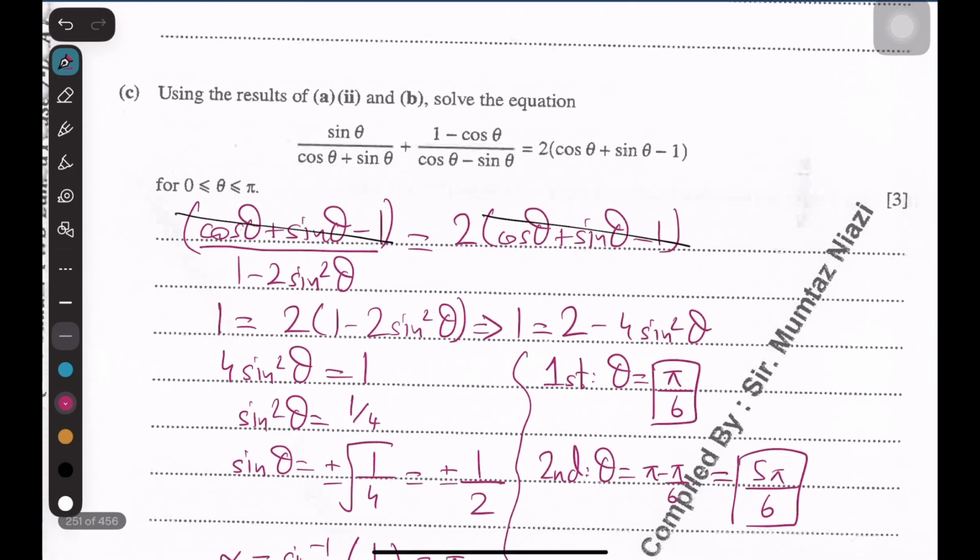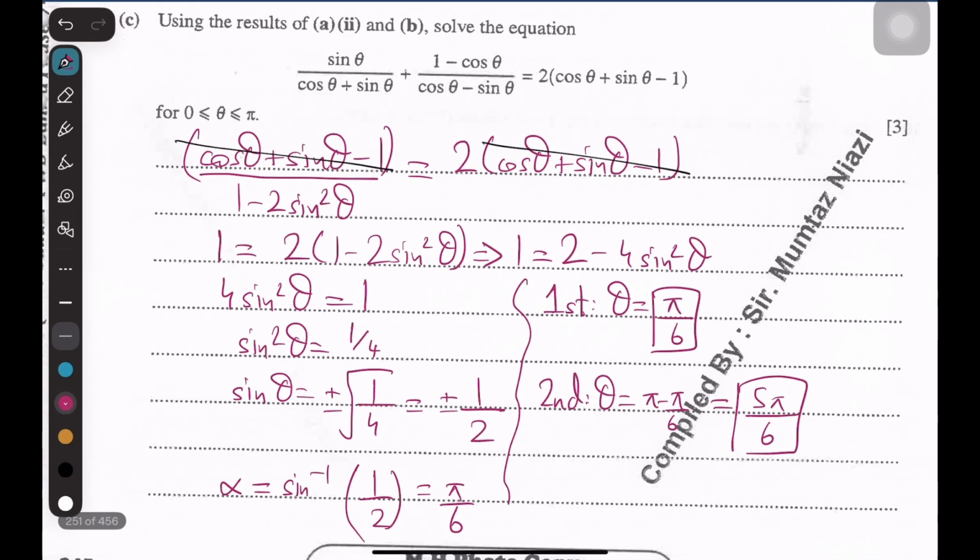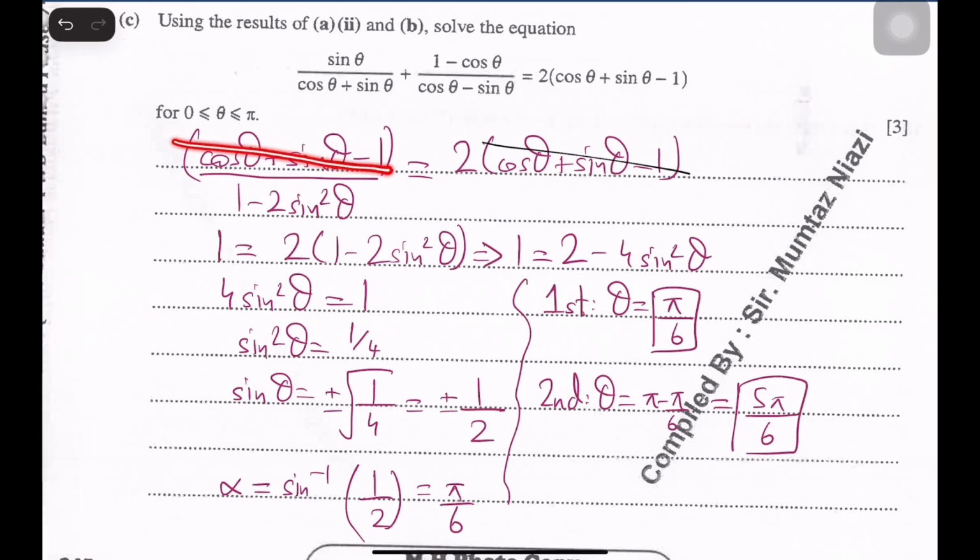Now what's important to note over here is that over here we cancelled out these two brackets. Now it's also possible that if these two are both equal to 0, so if for example this is equal to 0 or this is equal to 0, which is the same thing, then we'll also have the equation equal on both sides, right?